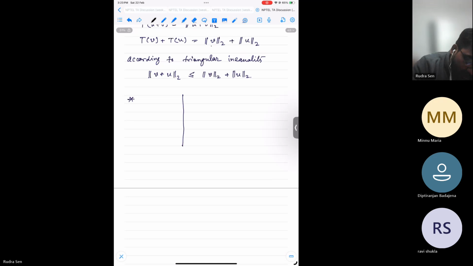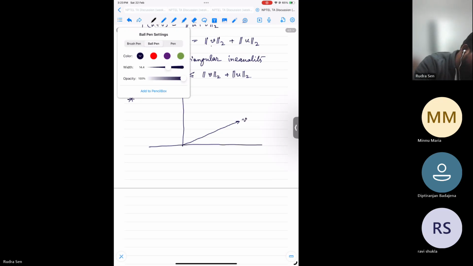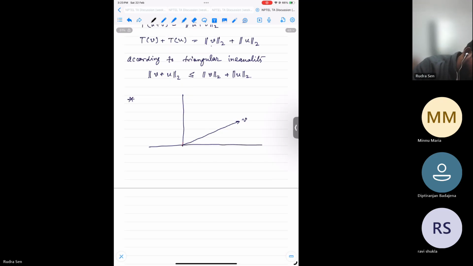Let's say this is a vector V. Now, if I rotate this vector to this position, V prime, this is also a transformation because I am multiplying this vector V with a particular matrix, which is known as a rotation matrix. And then I get another vector, which is V prime.